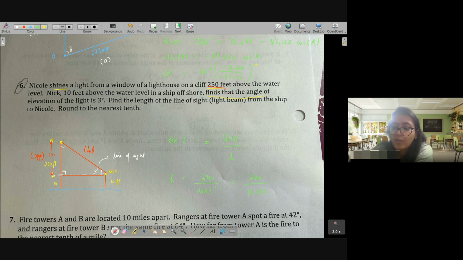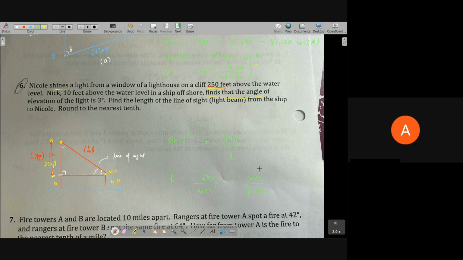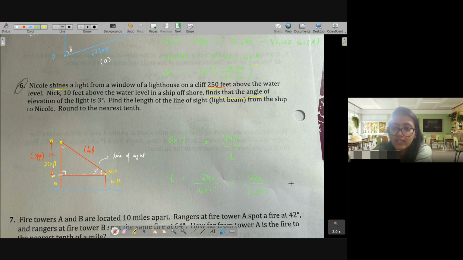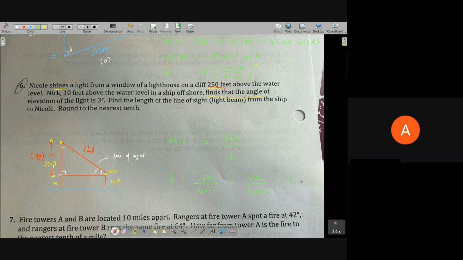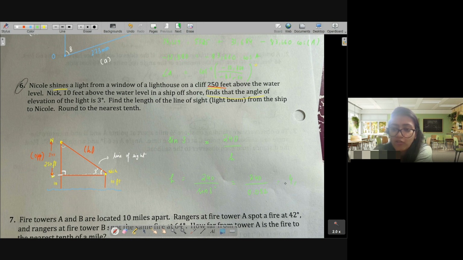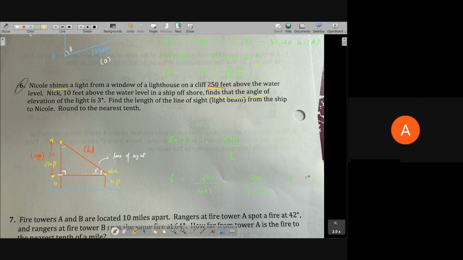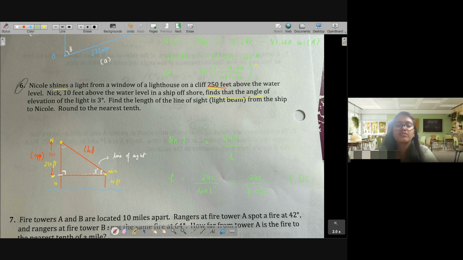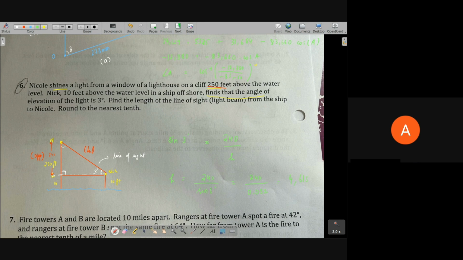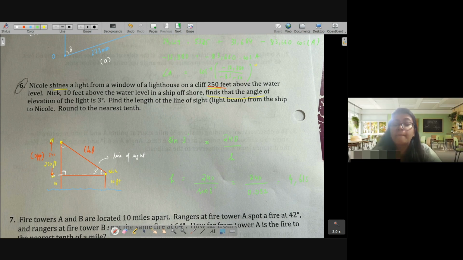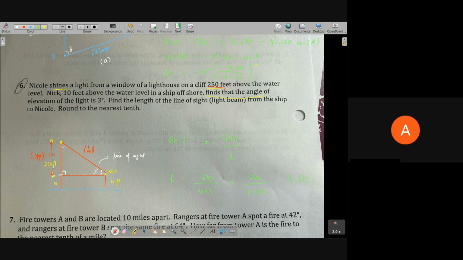240 divided by 0.052. Wait, I keep getting 4,585. I'm getting 4,615. I'm getting 4,585 on my calculator. Really? I'm getting 4,615. Oh wait, we're not supposed to round until the very end of our calculations.